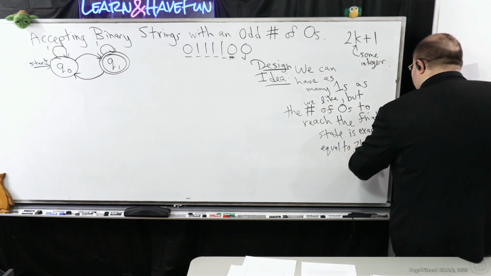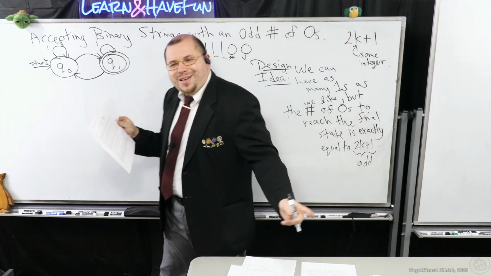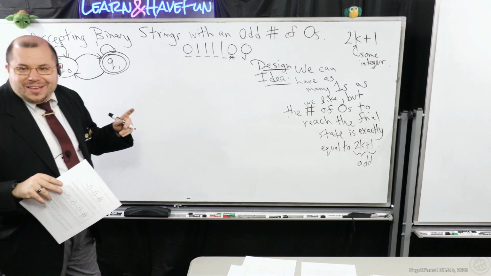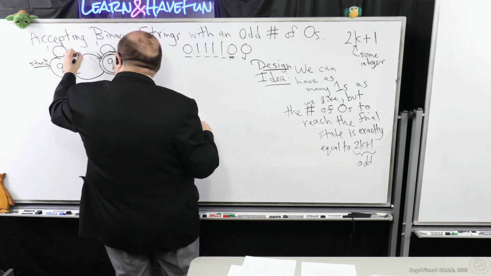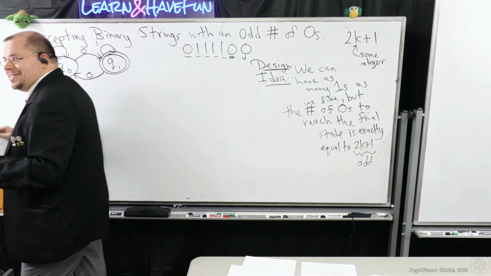And of course, that's odd, right? Not odd like me, I mean like the number. So now I should label these with 0 then, right? And now I have defined the transition function.